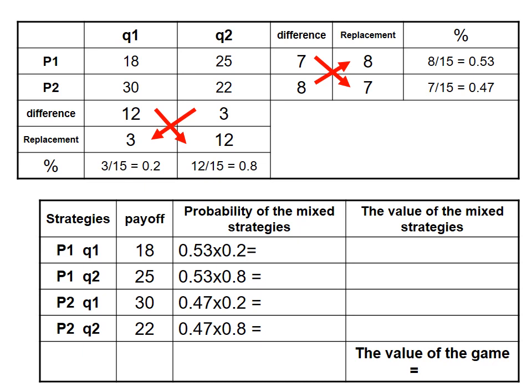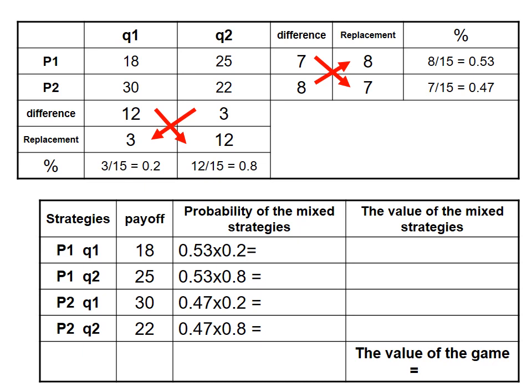Strategy B1 Q1, the payoff is 18, and the strategy B1 Q2, the payoff is 25. The strategy B2 Q1, the payoff is 30, and strategy B2 Q2, the payoff is 22.